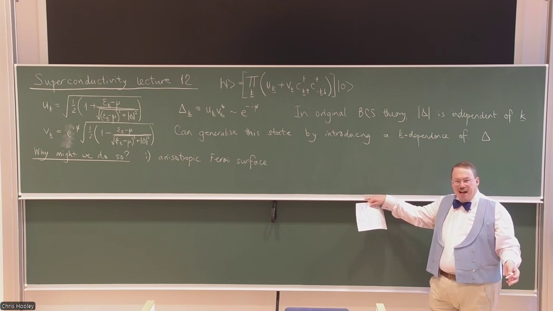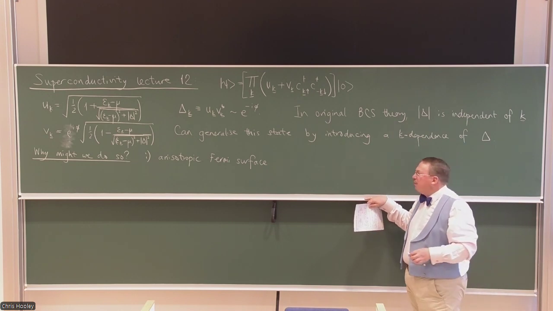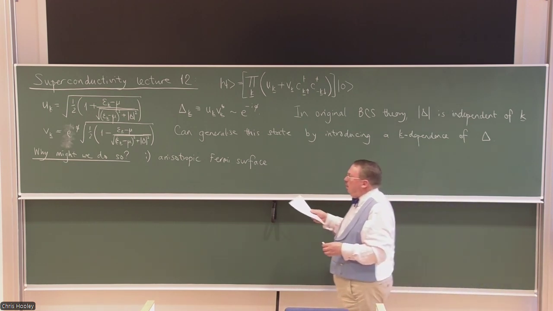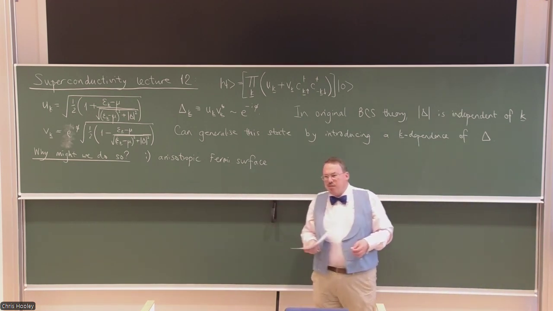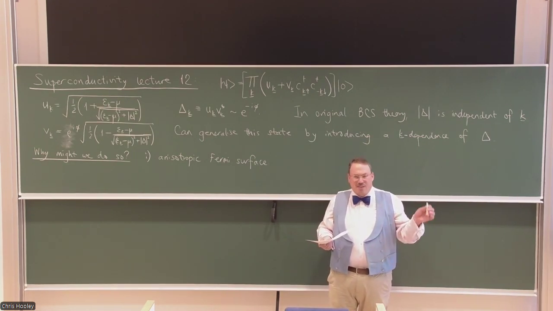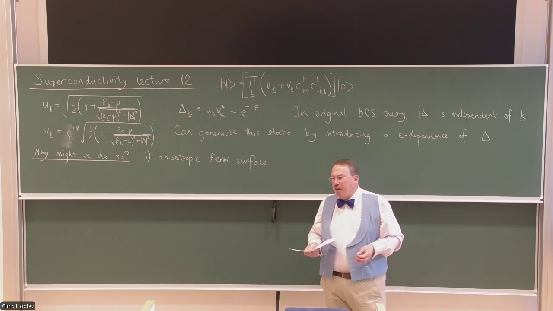There's always a crystal lattice. There are always some effects of that crystal lattice that sort of round off, create corners in certain directions and so on. And so just from symmetry grounds, if we have an anisotropic Fermi surface, there's no particular reason to expect delta to be perfectly isotropic, and generally it won't.